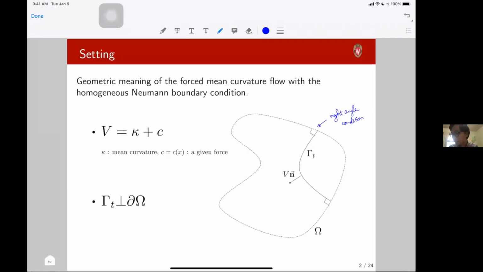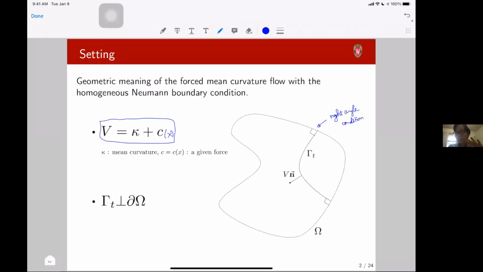So the normal velocity is V equals kappa plus c, and actually c here equals c of x. So basically, the front or the manifold is being moved not just by mean curvature, but also by a given velocity c of x, which is because we consider the problem in inhomogeneous media.